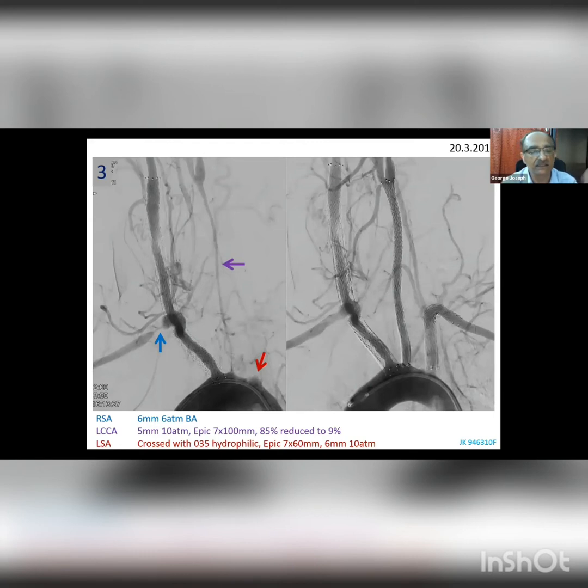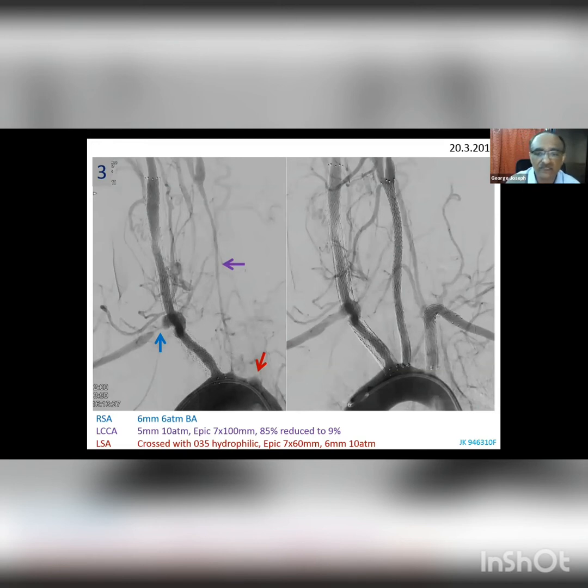The left carotid artery has become much smaller in diameter, the lumen that is, and there is a new occlusion of the left subclavian artery, which was not there earlier, and which was the only vessel which provided blood flow to the brain earlier through the left vertebral artery. So it's probably fortunate that she now had a patent right common carotid artery.